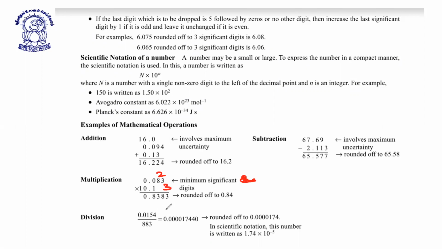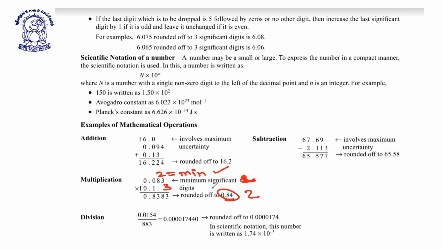So the answer should not exceed more than 2 digits. That is the important condition. Even in addition we follow the same, subtraction also, multiplication also, and division also. Why are you rounding off up to 0.84? Because the answer should not exceed the minimum number of significant figures.